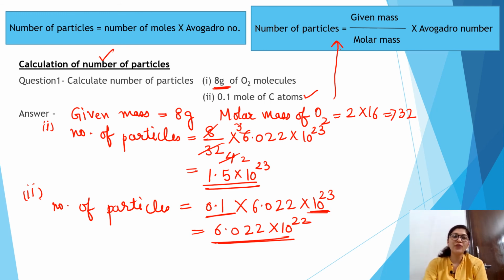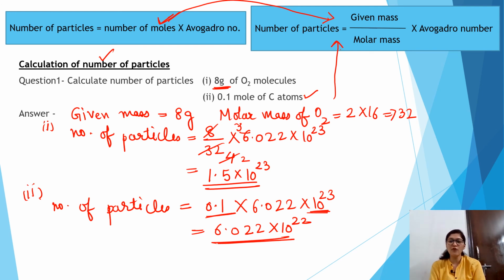So there are two ways to calculate the number of particles, either directly from the moles or just put the value of moles into this formula. We can derive the number of particles. So whenever the question comes based on the numericals of mole concept, then three questions are asked, either to calculate the number of particles, number of moles, or last is the mass.